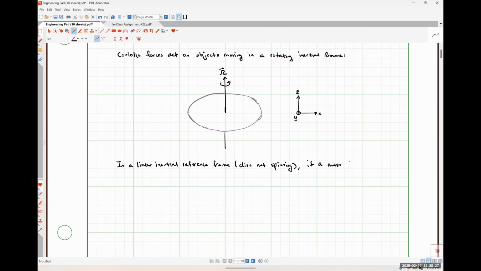If a mass is thrown from the center of the disk towards the outer edge, the mass will arrive at some point B due to its velocity.